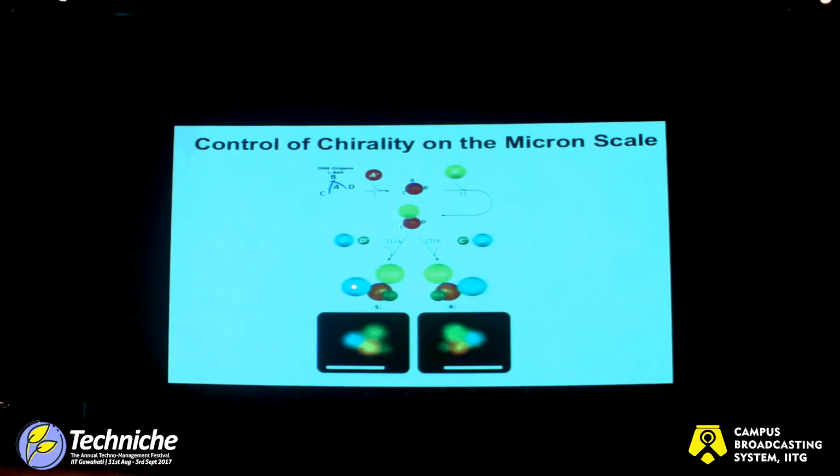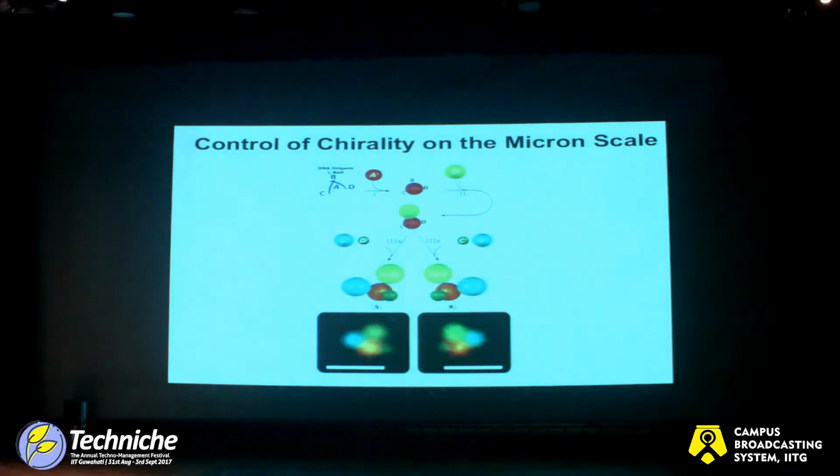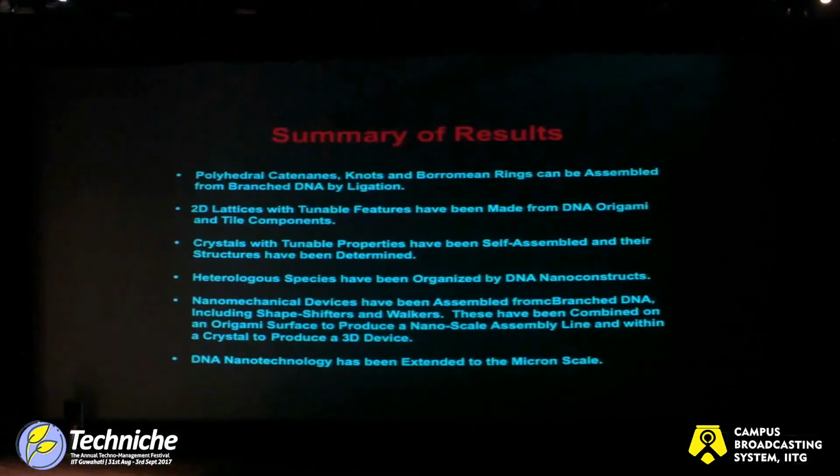And then if we want, we can put the blue and the green over on these sides, or we can put it on this side, so we can actually make mirror image constructions here. And this is not something that's ever been done before, so we can make the left and the right-handed version of these tetrahedra, and only those.